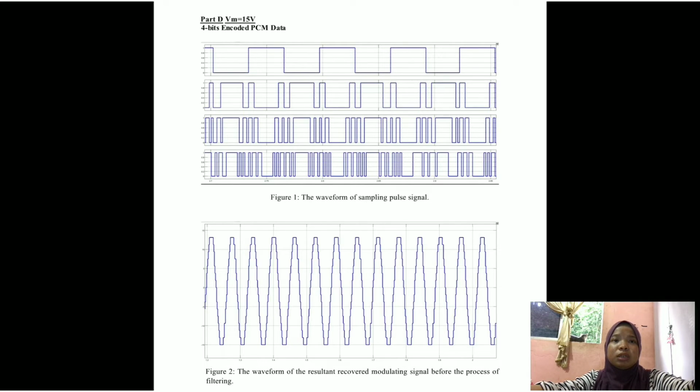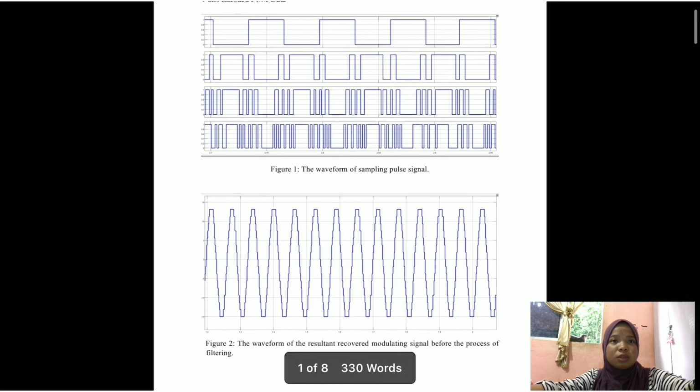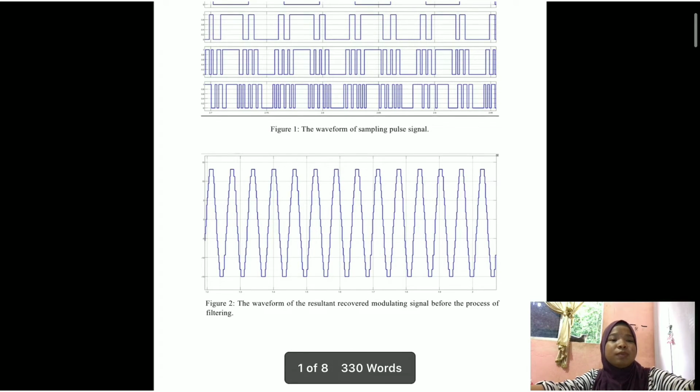So this is the waveform of sampling pulse signals of 4-bit encoded PCM data at 15 volt, and this is the waveform of the resultant recovered modulating signal before the process of filtering, and then this is the waveform of the resultant recovered modulating signal of 4-bit.